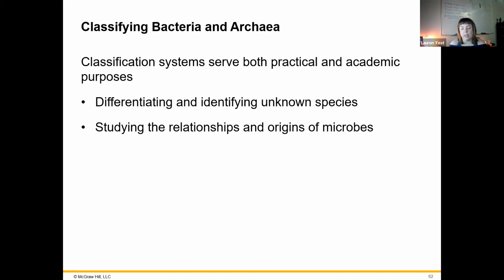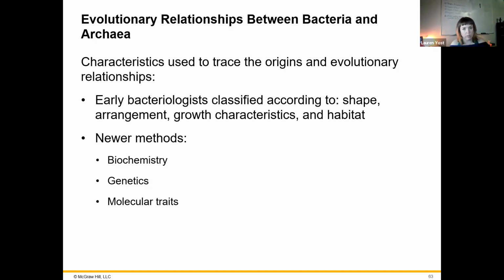Right, so we have classification systems in place in order for us to classify the different bacteria and the archaea, and then separate them even from one another, and different ways that we would approach that sort of thing. We did talk about this a little bit in the taxonomy area, right? So a lot of bacterial microbiologists, whenever they are characterizing these organisms, are going to be talking about the biochemistry of the organisms, their genetics, and their molecular traits.